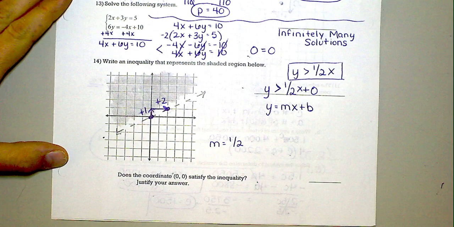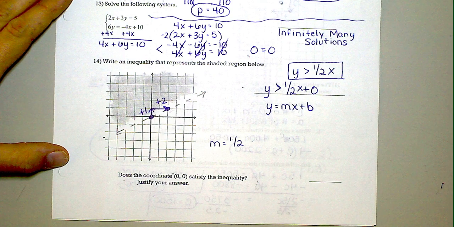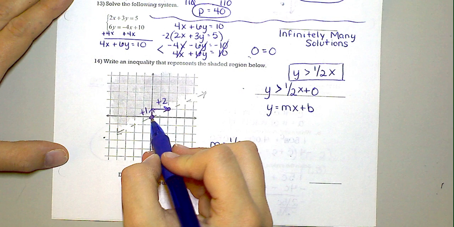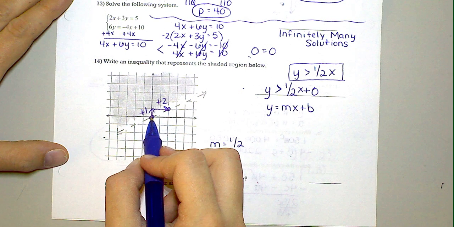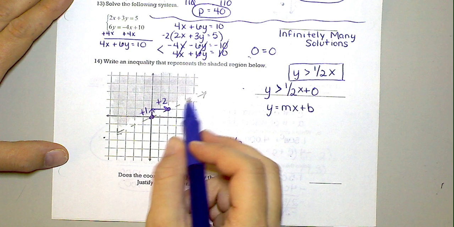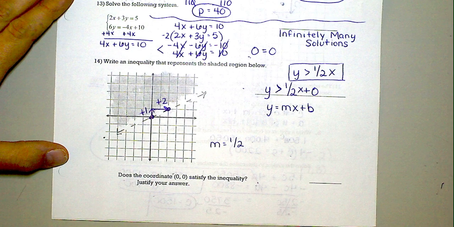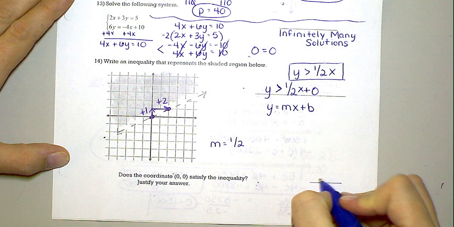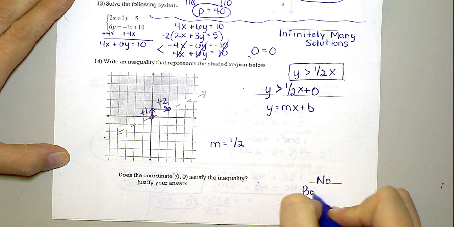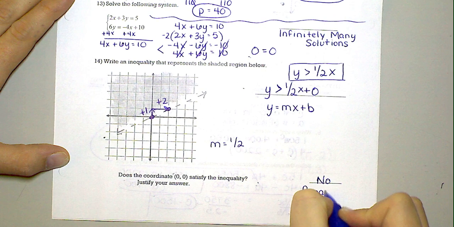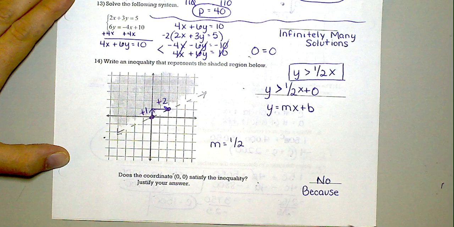Okay. Now it says, does the coordinate 0, 0 satisfy the inequality? Justify your answer. Well, 0, 0 is right on the line, so it could go either way. But this is a dotted line, which means that the dotted line is not included as part of my solution set. So this would be a big fat no, because, you see this down there?